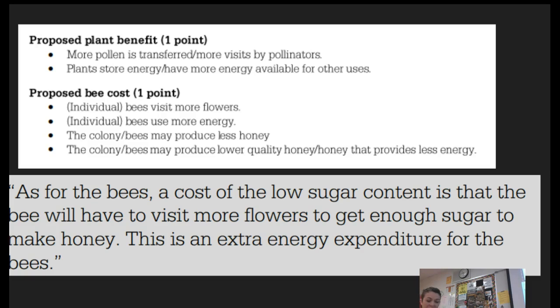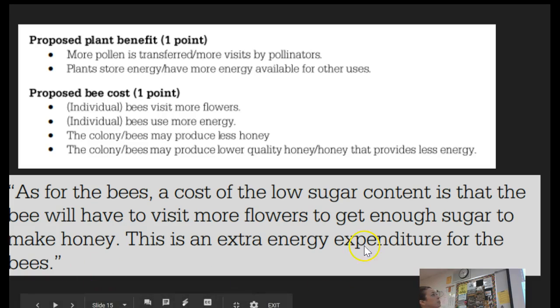Okay, here's D. D talks about the benefits to plants that produce nectar with caffeine, and then it talks about the cost to the bees. So in the question stem, it says that researchers found that nectar with caffeine has a lower sugar content than nectar without caffeine. So plants use less energy to produce that nectar with caffeine.